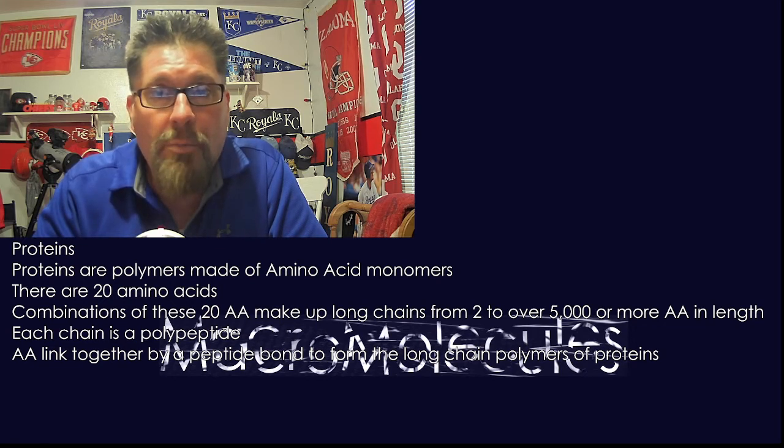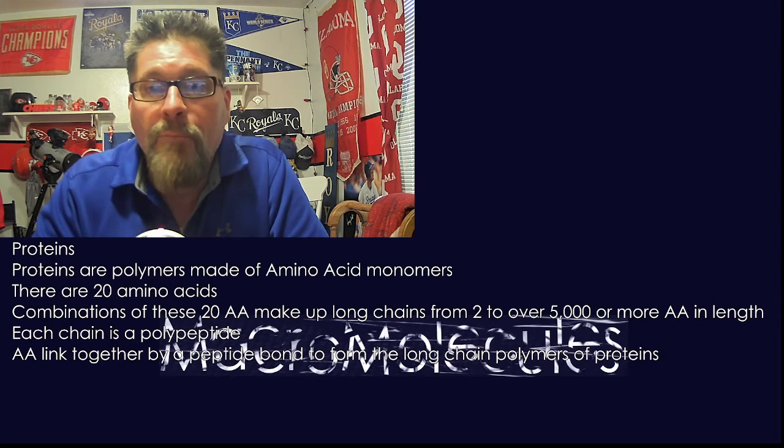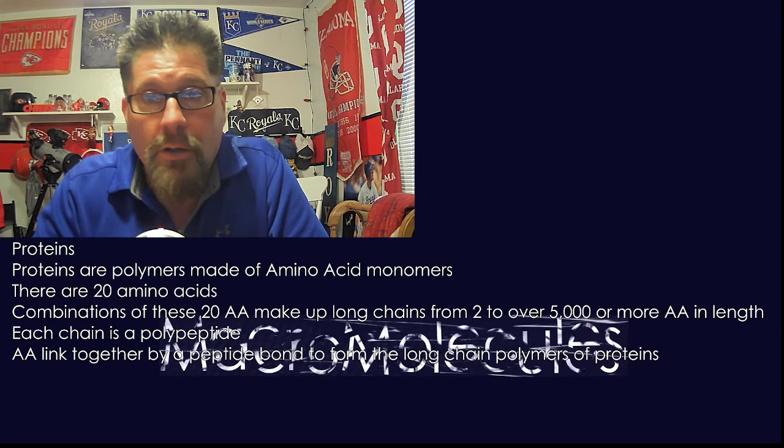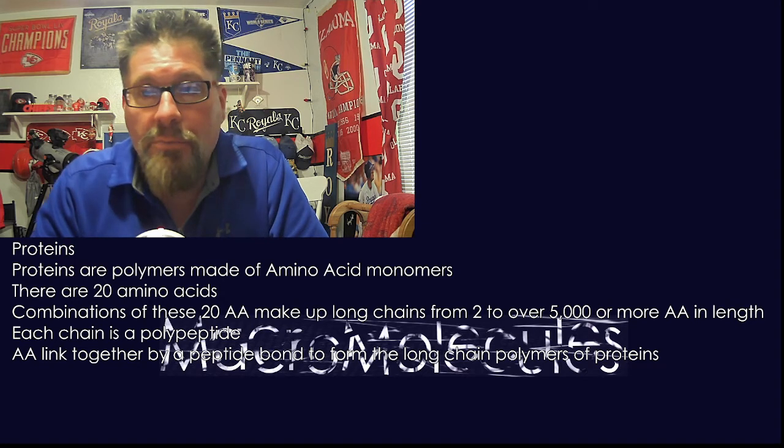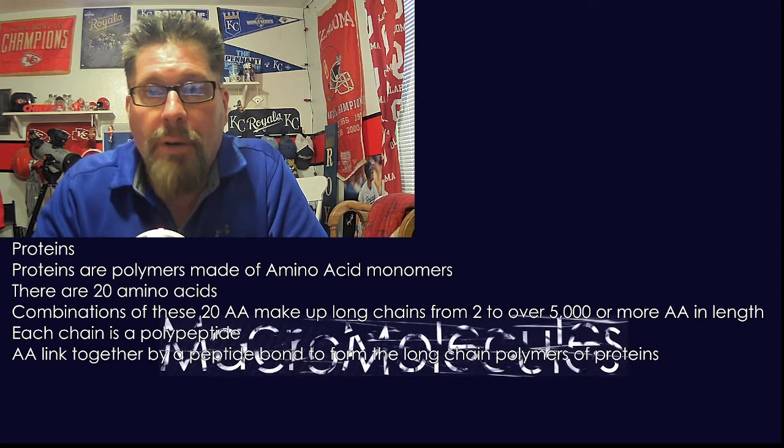Those are the actual processes that we're talking about. This is just a name given when a bond has occurred between two amino acids. But that's called a peptide bond, and it forms long chains called a polypeptide.